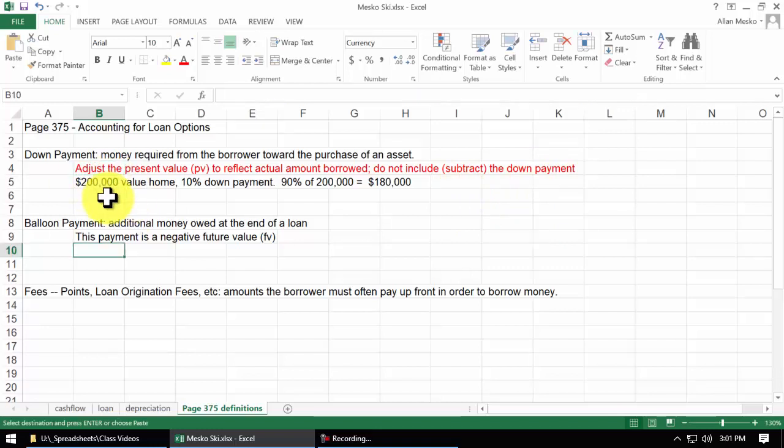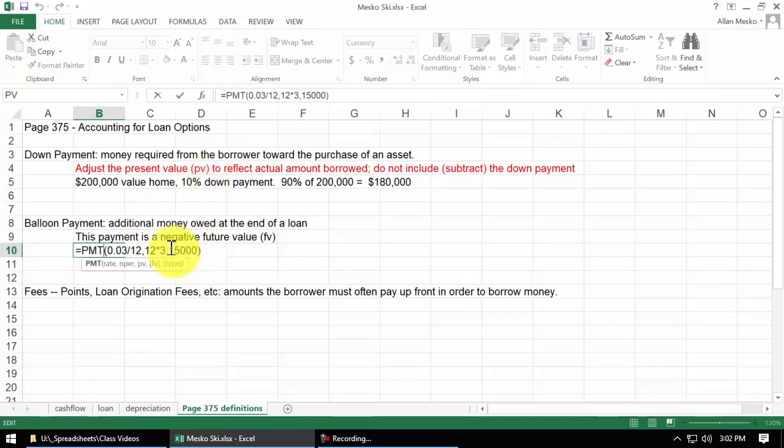The next term that's mentioned is a balloon payment. A balloon payment is additional money that is owed at the end of a loan. This often allows a borrower to make much lower payments, but they're going to have to pay an additional large payment at the end of that loan.